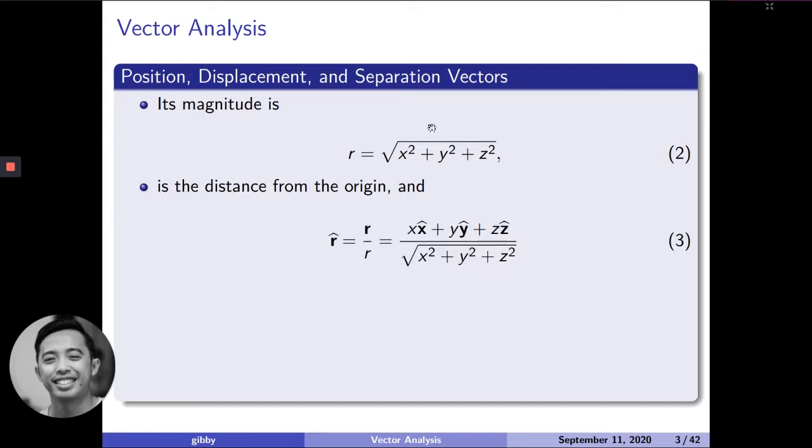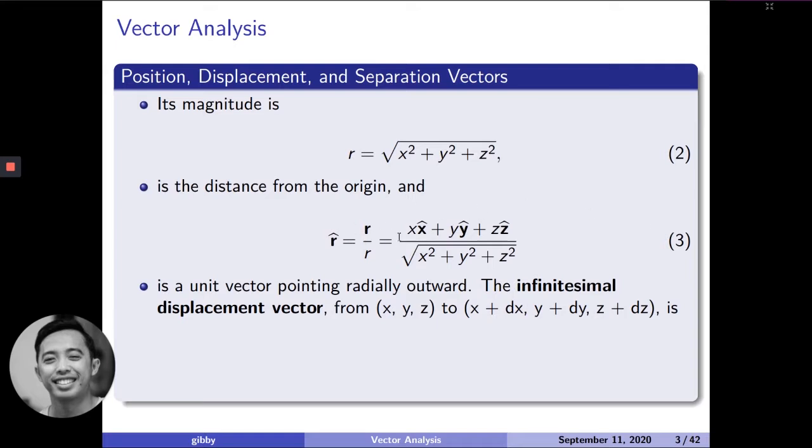And the unit vector r hat is given by this. It's just the ratio between the position vector r and the magnitude r. The position vector r is given by this form in the numerator, while the magnitude r is given by the expression in the denominator. So we have equation 3.